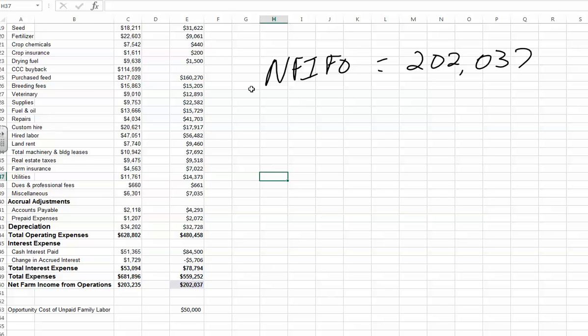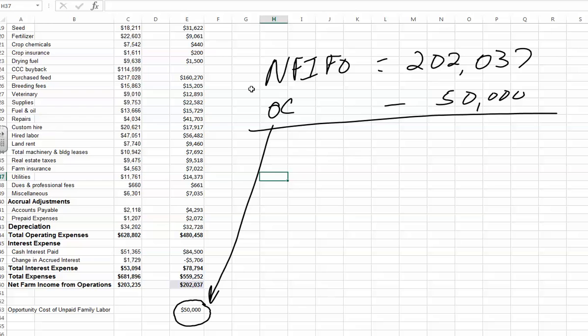So that 202,000 profit is a reward to the owner for the fact that he's got money invested in assets, and that he's providing some of the labor, which is not actually paid for in the operating expenses. Well, if you estimated the opportunity cost of that unpaid family labor at 50,000, then what you could do is subtract that 50,000. This is that opportunity cost, this number right here.